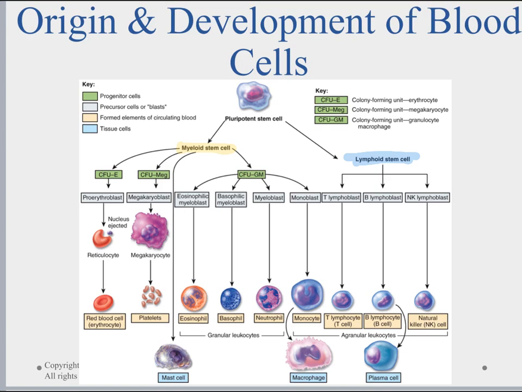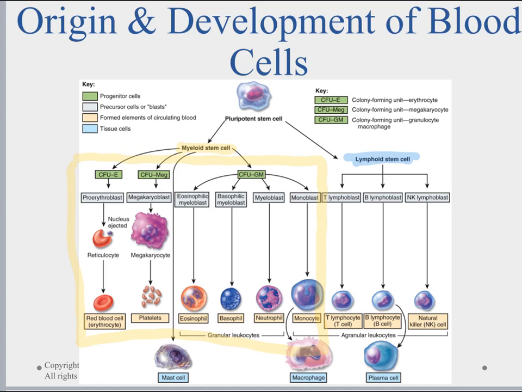Now, what happens? Let's take that myeloid stem cell. We're going to box out everything from here to here. The job of that myeloid stem cell is to turn into different cells, depending on the signaling. The signaling would be the CFU-E, the colony forming unit erythrocyte, which would signal that myeloid stem cell to become a proerythroblast.